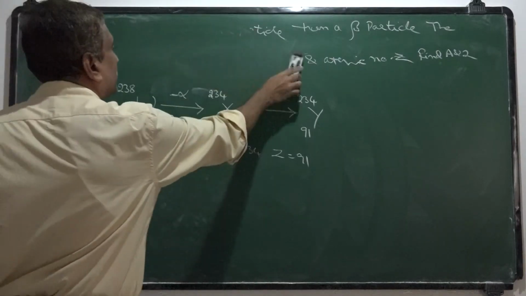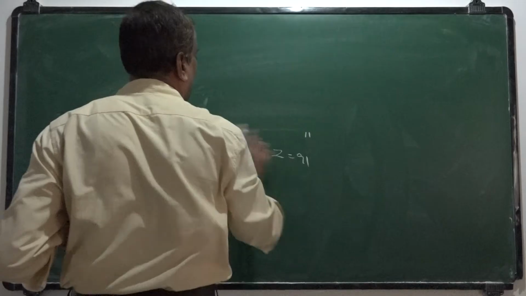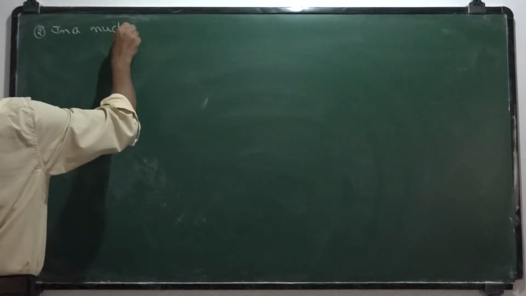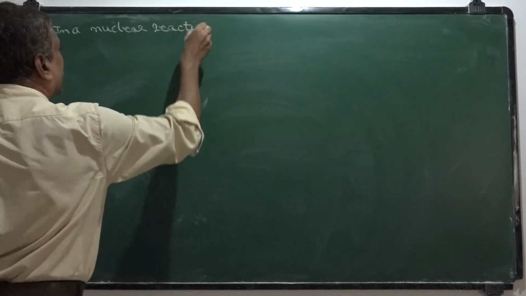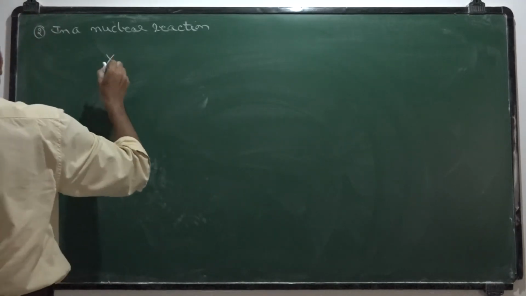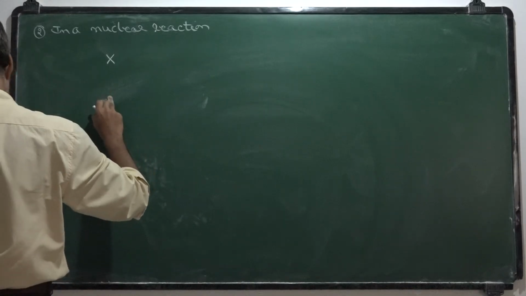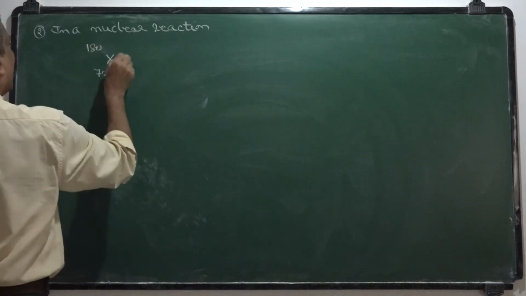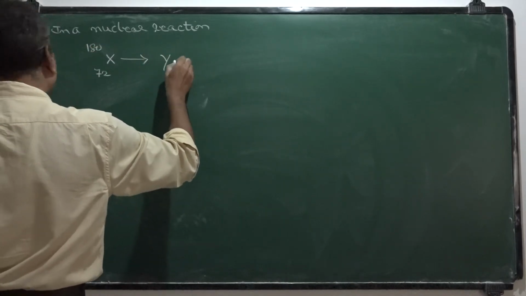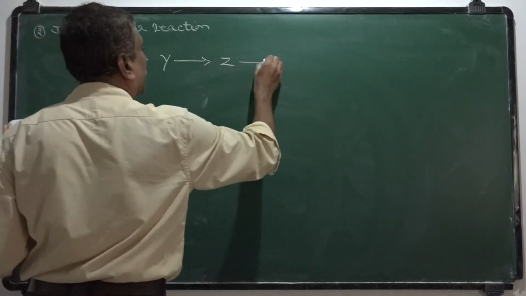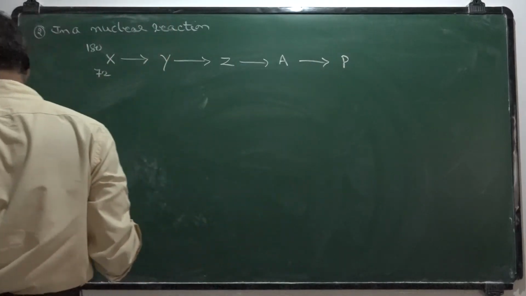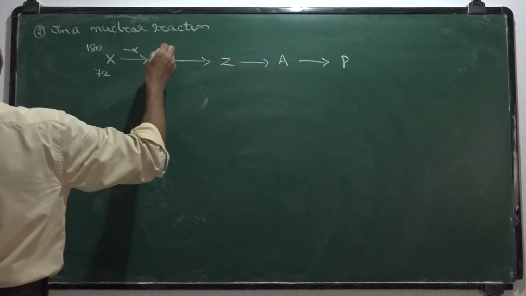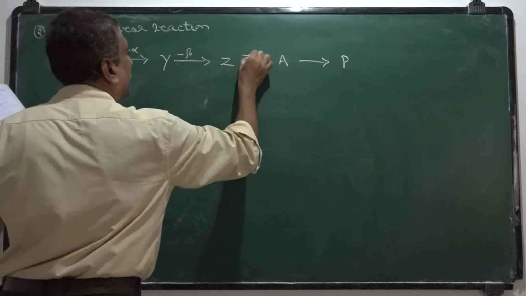Now the second one. In a nuclear reaction, X (72, 180) gives Y, which gives Z, which gives A, which gives P. In the first step it is minus alpha, then minus beta, then minus alpha, then minus gamma.